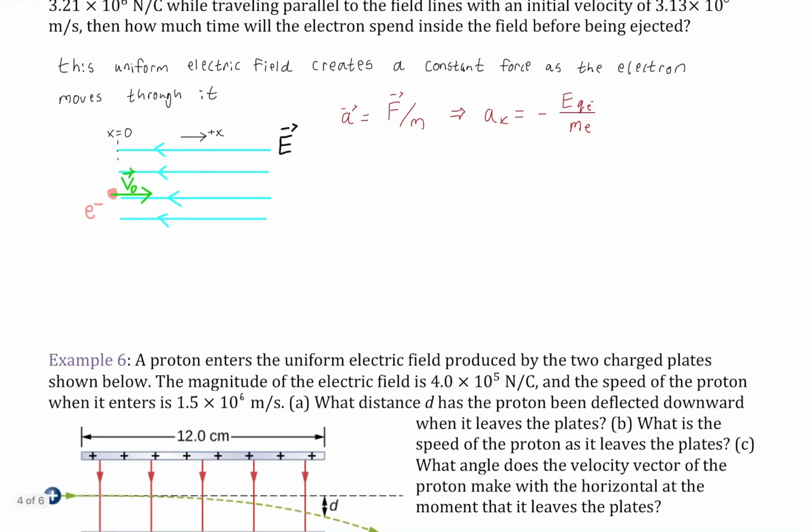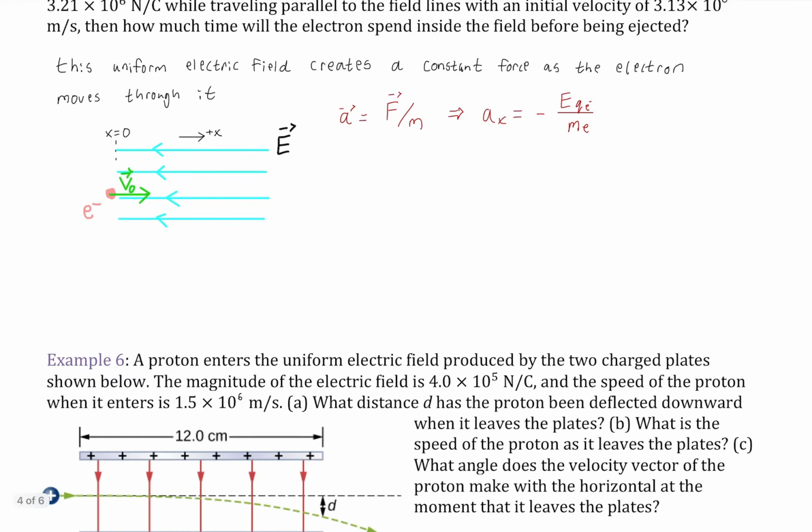And here is the acceleration. This is just Newton's second law, and we're only interested in x. After all, it's 1D, as I said. All I've written here is that we have the force, and the force is electric field times charge.